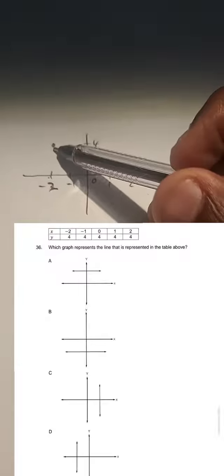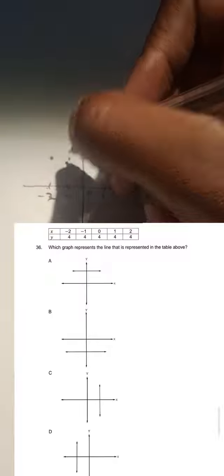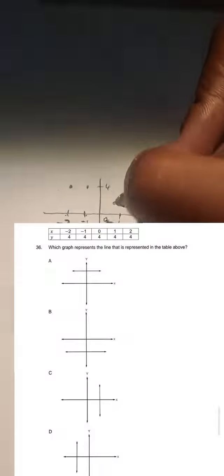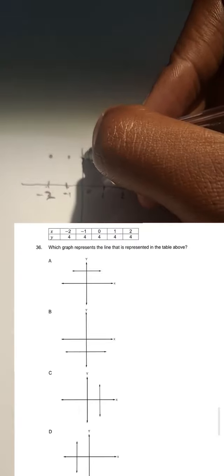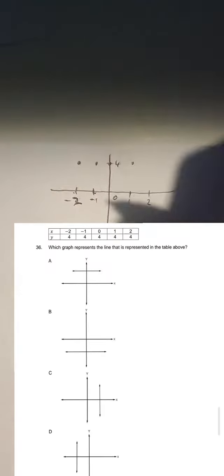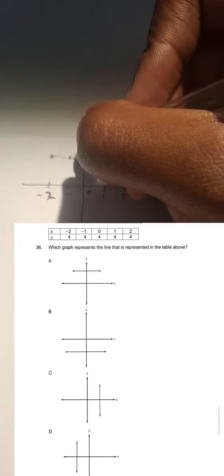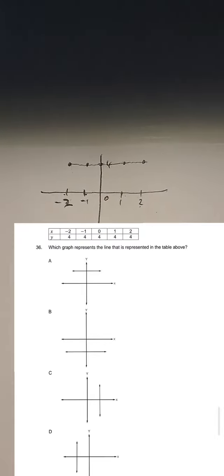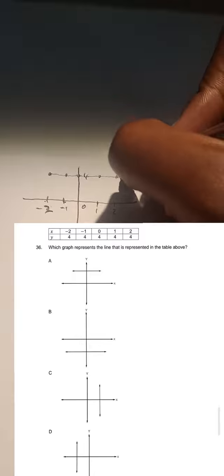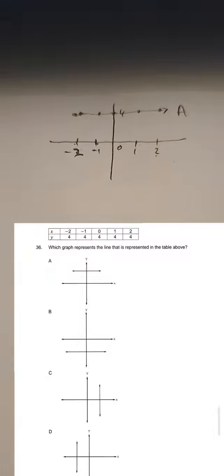Where x is -2, y is +4. Where x is -1, y is +4. Where x is 0, y is 4. Where x is 1, y is 4. Where x is 2, y is 4. If you connect the dots, you have a horizontal straight line. So if we look at the answer that Indipile gave us, Indipile is 100% correct.